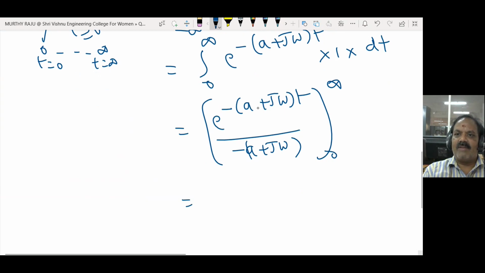For infinity, that value is 0. For the lower limit, minus into minus plus, 1 by a plus j omega, since e power 0 is 1. That is x of omega.